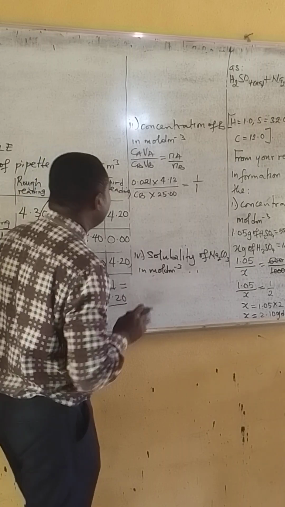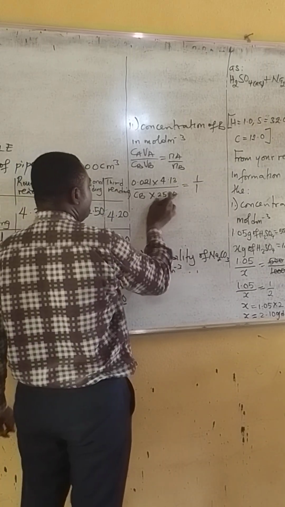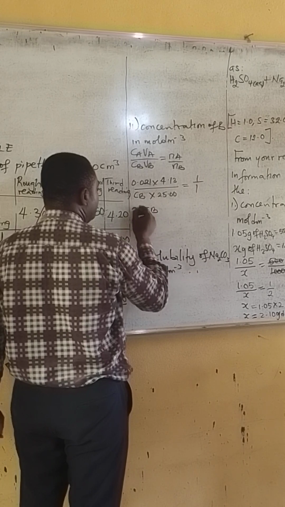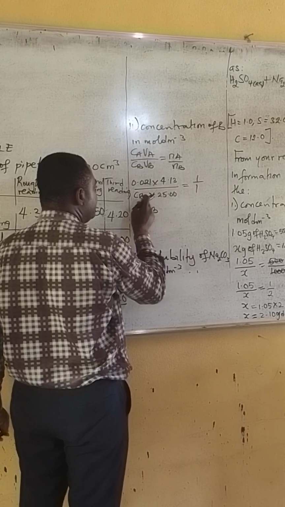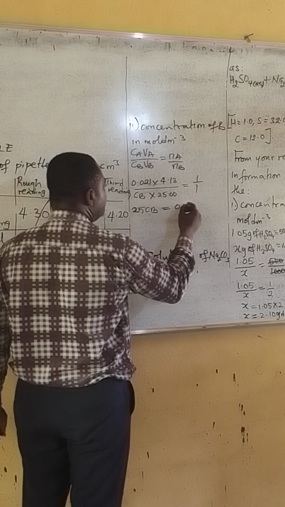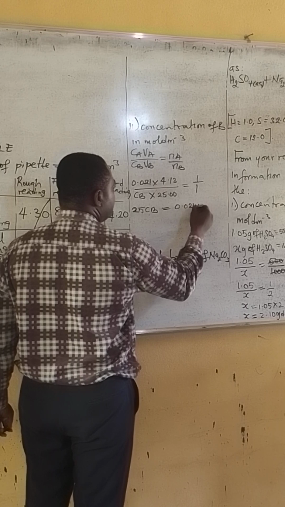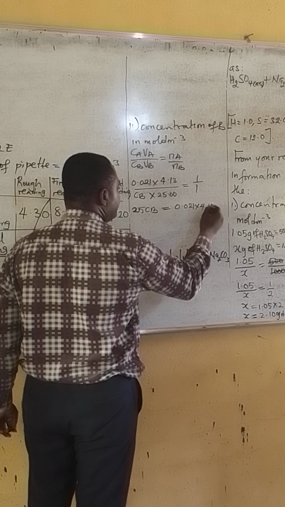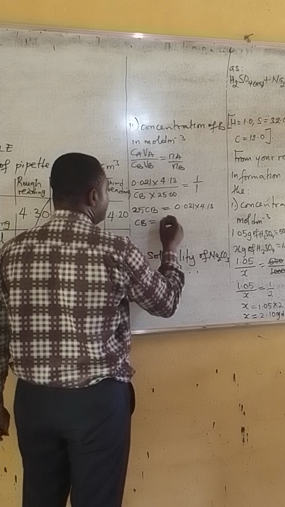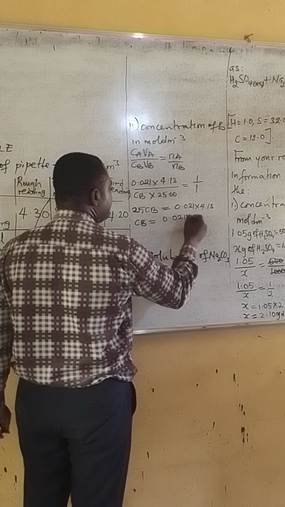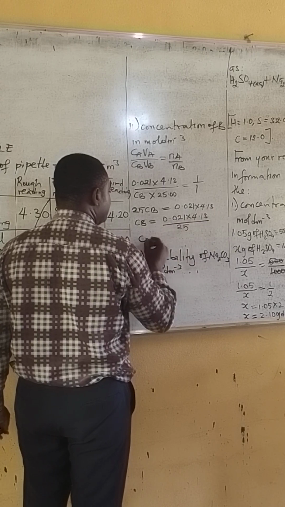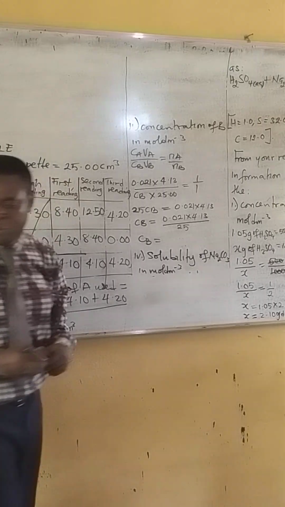So what do we now do? We cross multiply. 25 CB times 1. 25 CB. This 25 is this 25. CB. Anything times 1 is that thing. Is equal to 0.021 times 4.13. So then we divide both sides by 25. CB is now 0.021 times 4.13 over 25. Our concentration in mole per dm3 will now be what?